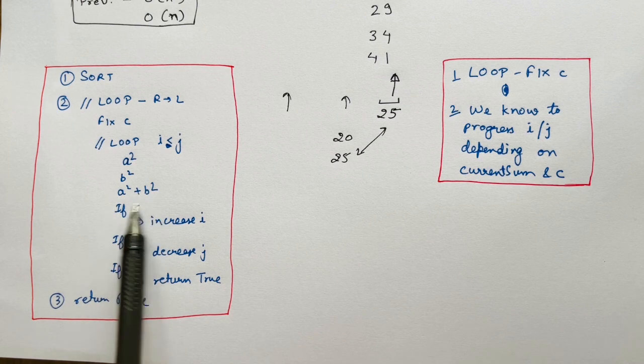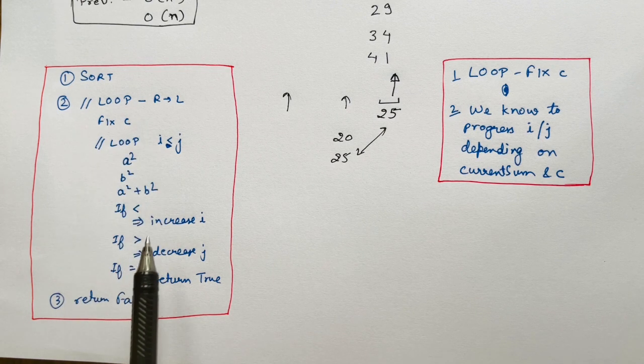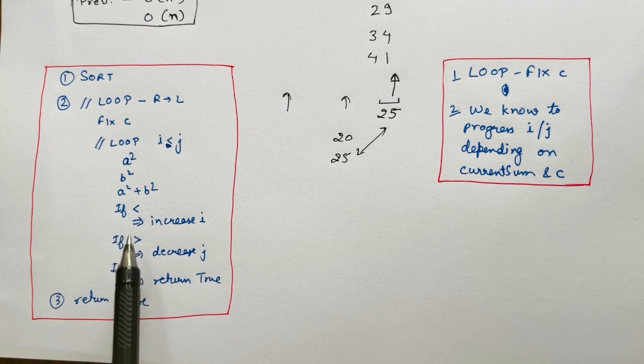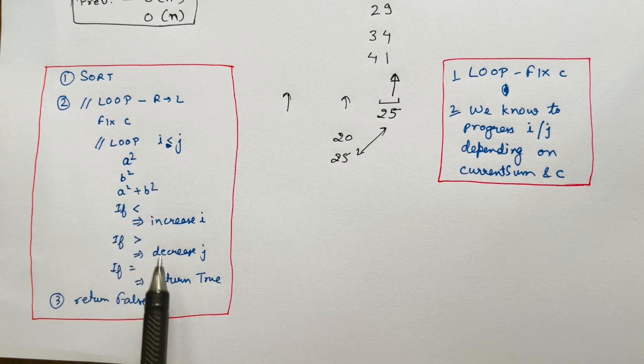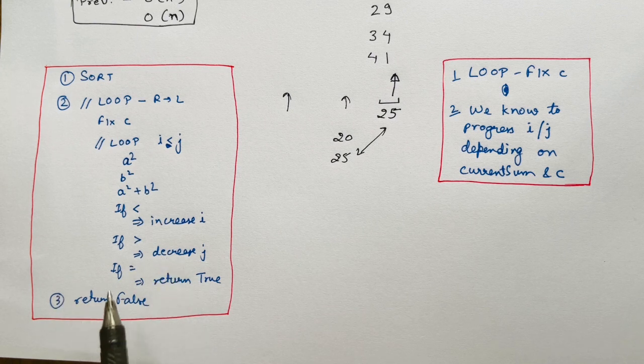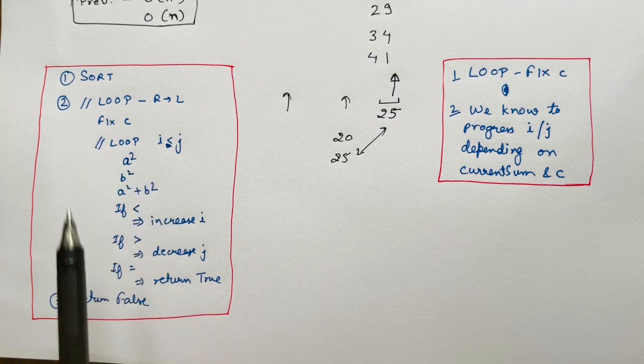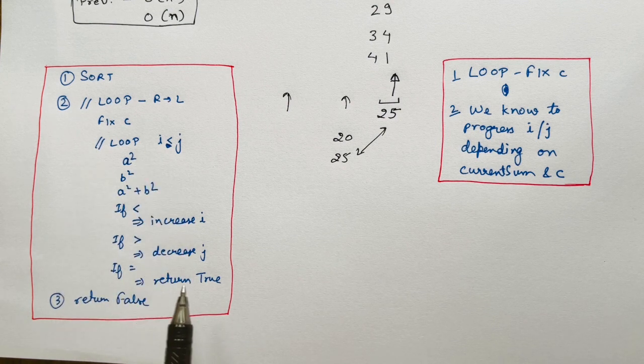Now, if this is lesser than C square, then we have to increase I for the next iteration. If it is greater than C square, that means we have to decrease J. And if it is equal, then we have to return true. If we were able to return true while looping here, great. Otherwise, we have to return false.